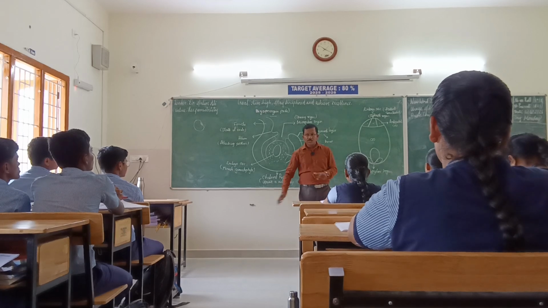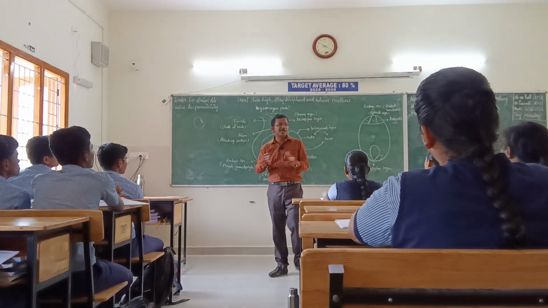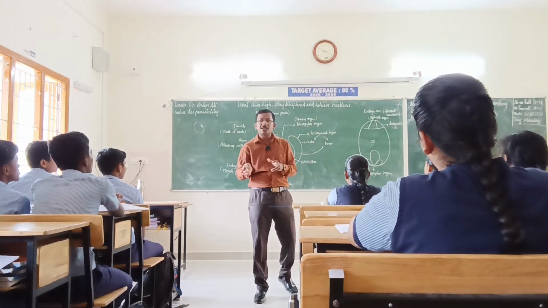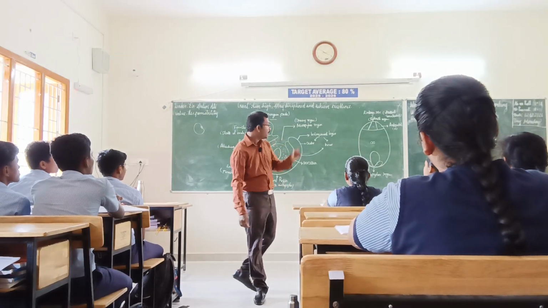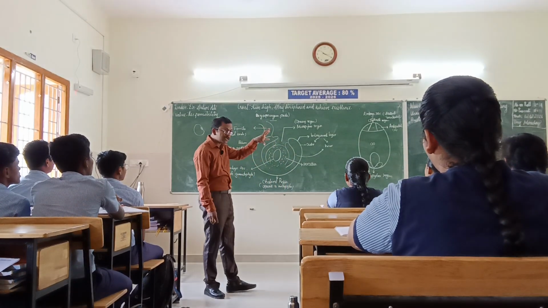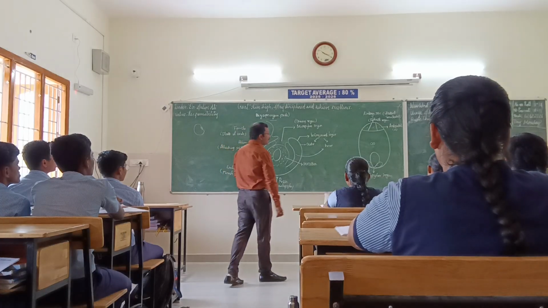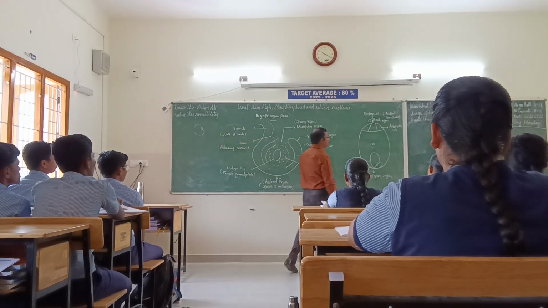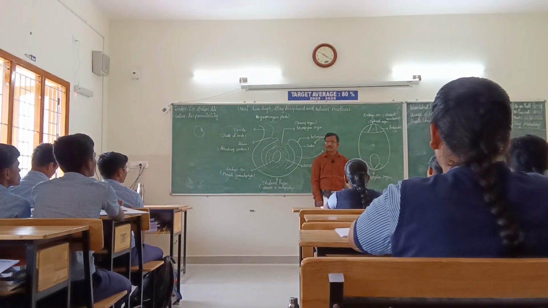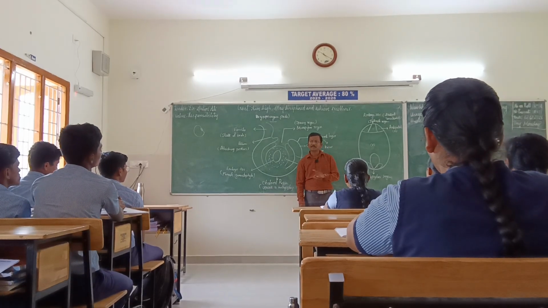Based on the plant, the chromosome number differs. So the antipodal cells are the three similar cells present at the chalazal region. Is it clear? Boys, clear? Fine.